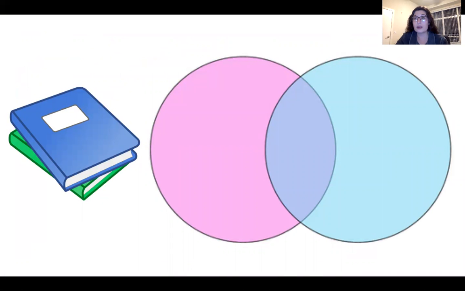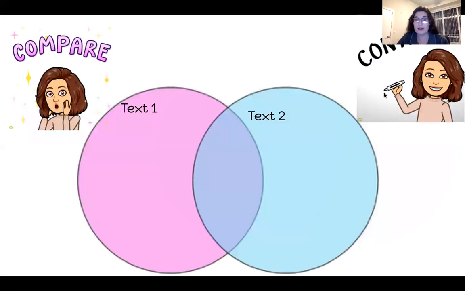You are all going to compare and contrast two different pieces of text. The texts will both be on the same topic. However, they will focus on different subtopics, and you will have to compare and contrast those subtopics.